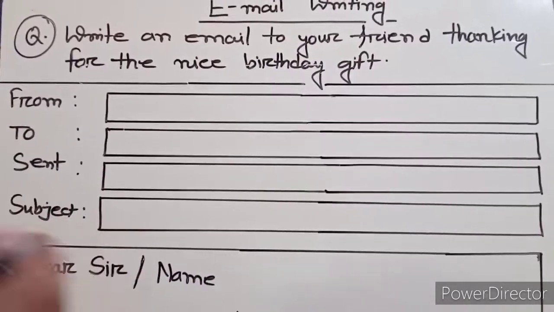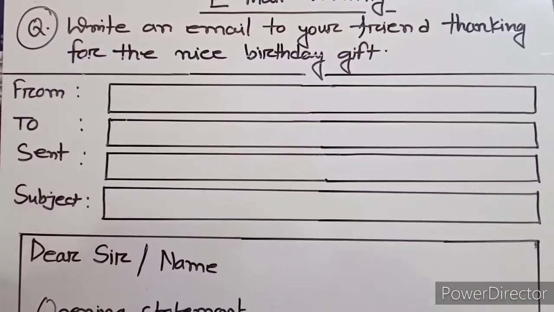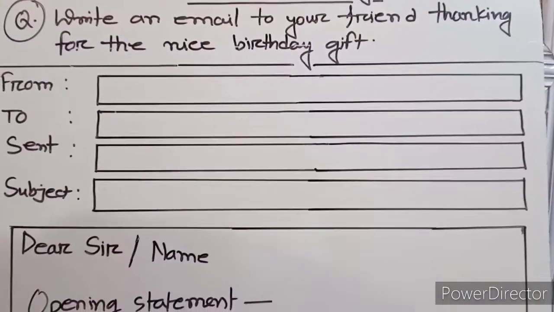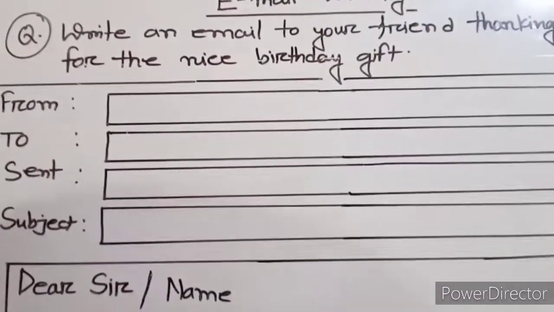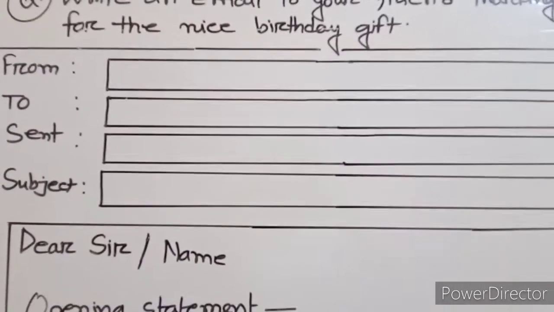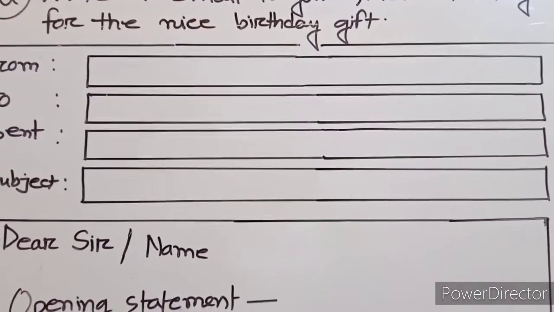So I have already shown you the parts. Now here is an example for you. So you can see, at first I mentioned here, From. What do you mean by From?